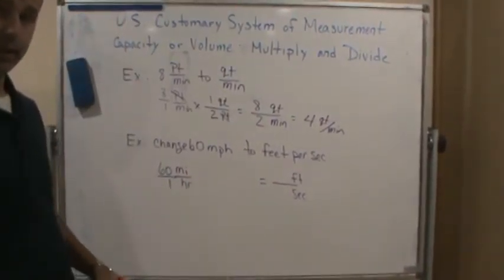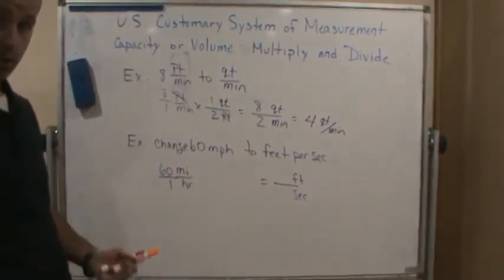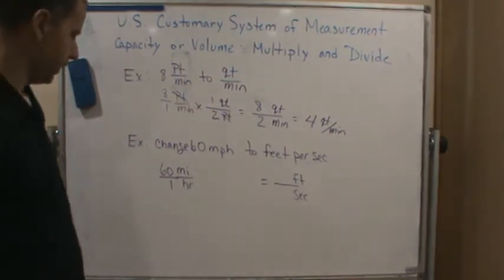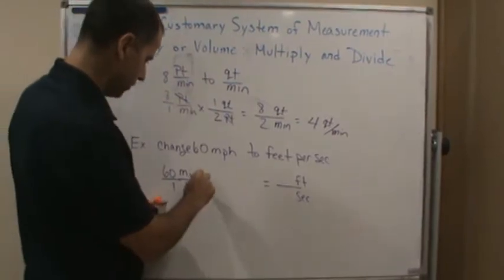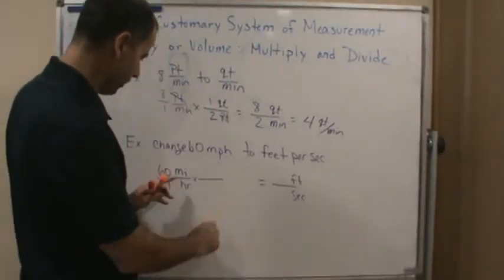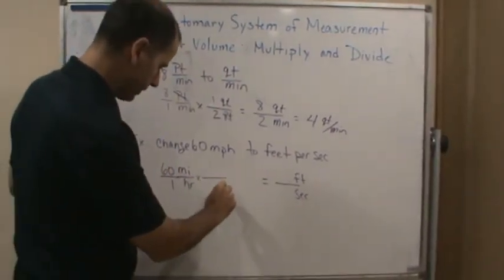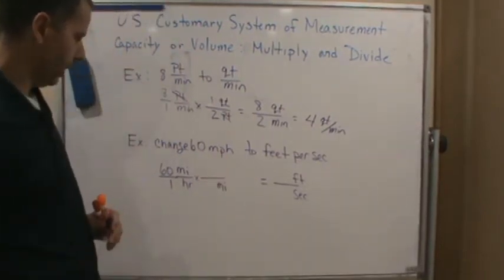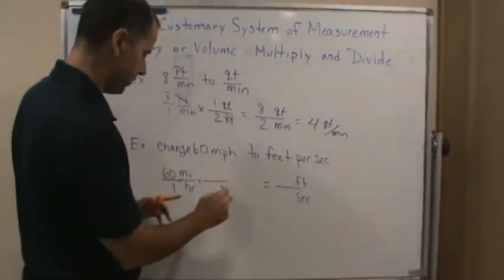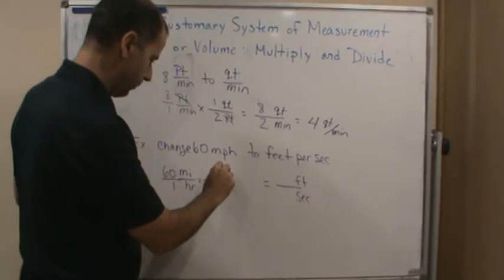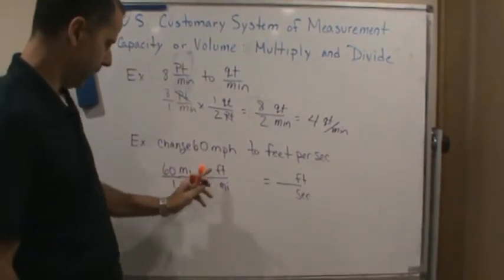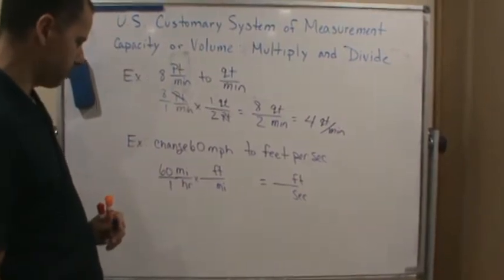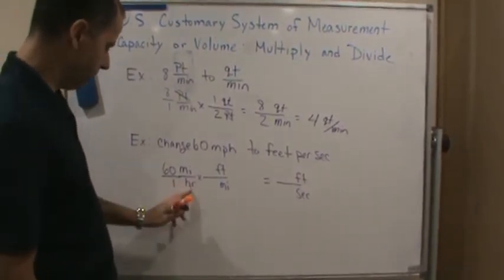So in this case, we're going to end up having to do 2 unit ratios. Okay? So let's start with the miles. We need to get rid of miles, so we need miles on the bottom, and we need feet on top. So we can cancel with the miles, and then we end up with feet on top. And then also we need to get rid of the hours.